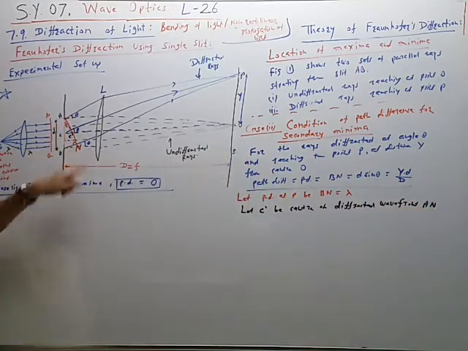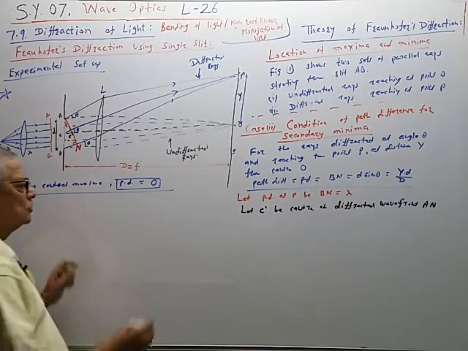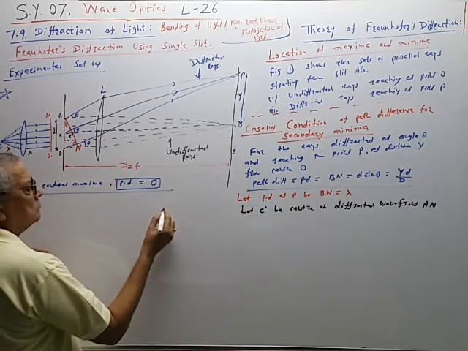This is the diffracted wavefront AN. So C dash. Now, in this case, what is the distance C dash to C? So I will show this figure magnified.